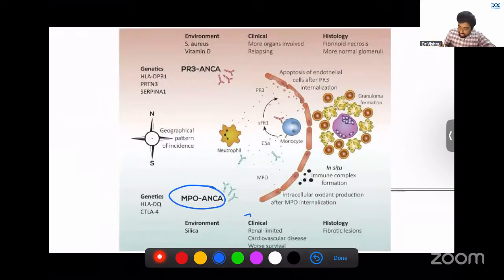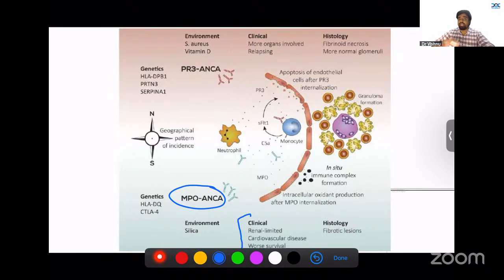In your MPO ANCA, it is usually renal limited, CVS disease is more and worse survival compared to your PR3. So sometimes we think that PR3 involves the ENT system, it involves the lungs, so it might be very bad prognosis. Yes, it is bad. It's not that the prognosis is very good or something, but because of significantly worse renal involvement in your MPO ANCA, actually the mortality is much worse in your MPO ANCA.